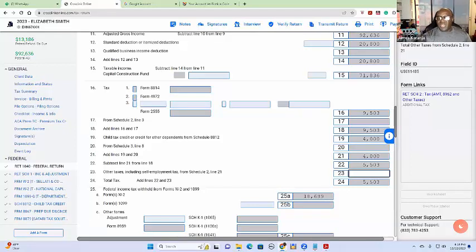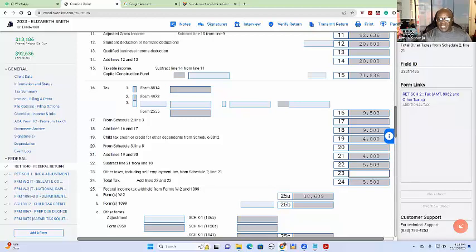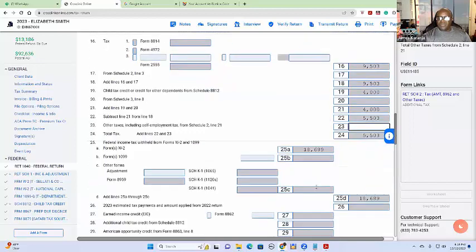So are they going to get a refund or are they going to pay the government? They're getting a refund. The reason they are getting a refund is because their total tax is lower than the withholding. So the withholding is more.